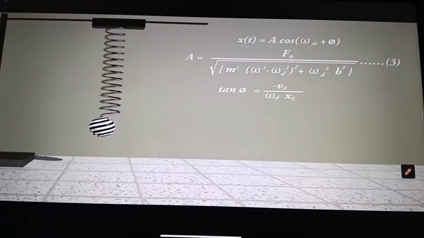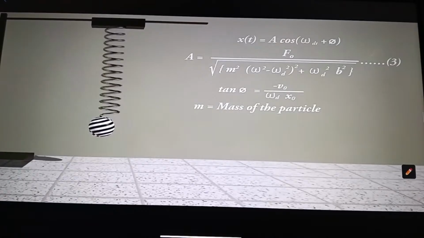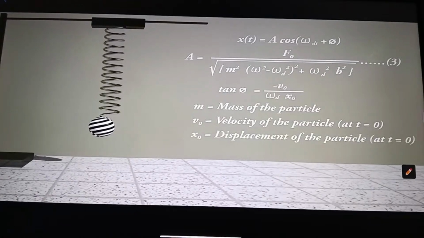Tan phi is equal to minus v naught upon omega d x naught, where m is equal to mass of the particle, v naught is equal to velocity of the particle at t is equal to 0, x naught is equal to displacement of the particle at t is equal to 0, and omega is equal to natural frequency.